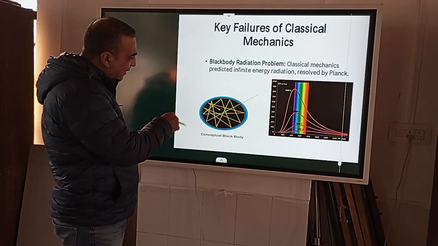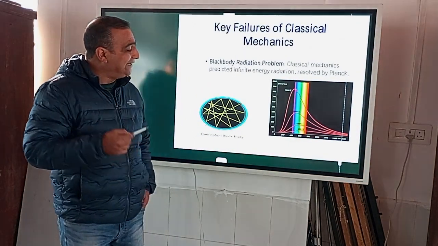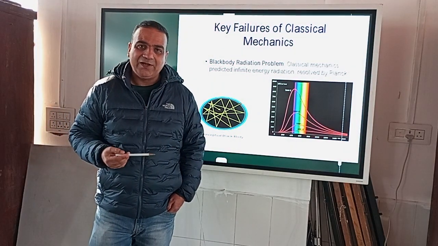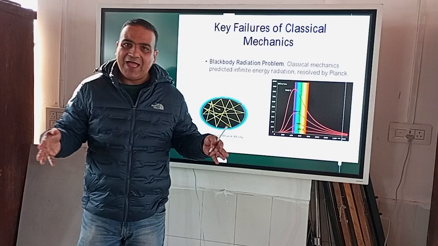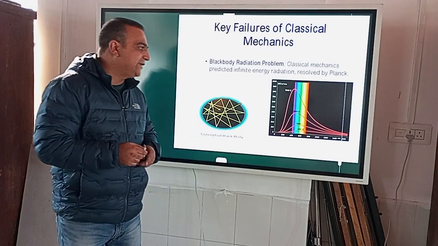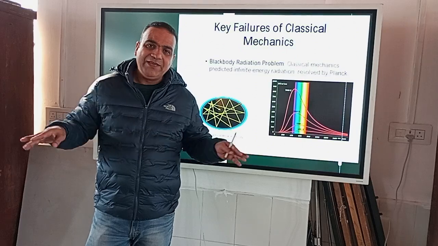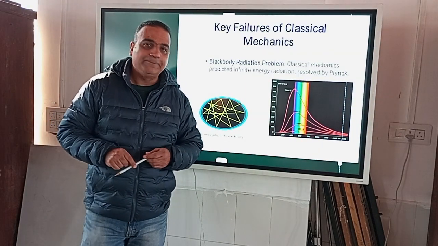This can be a good ideal example to understand what a black body is. So the point is that if you have a body that absorbs all ranges of frequencies and all ranges of wavelengths, we call this body a black body.